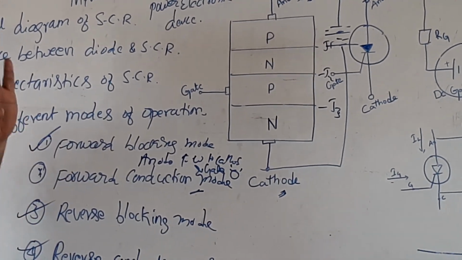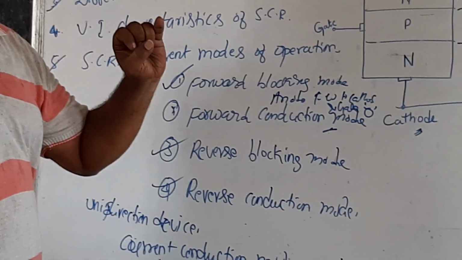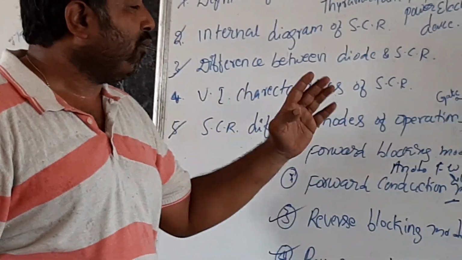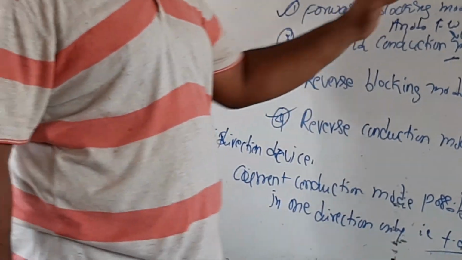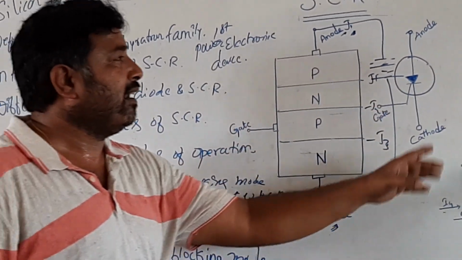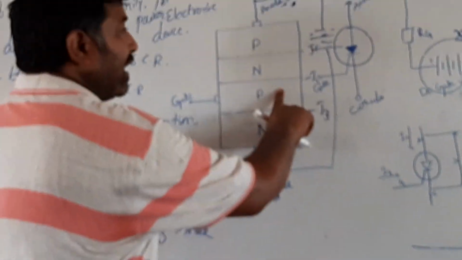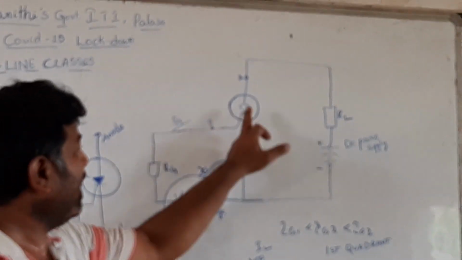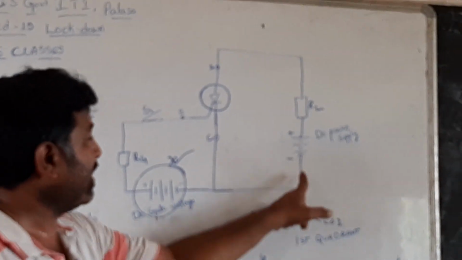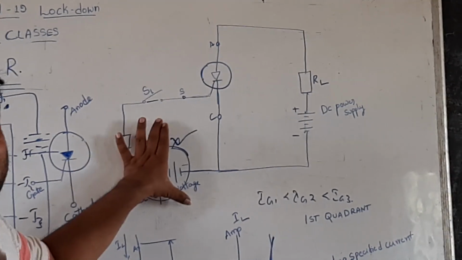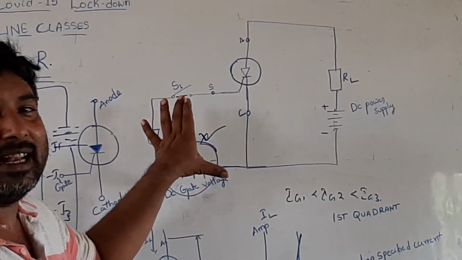SCR has four modes of operation: forward blocking mode, forward conduction mode, reverse blocking mode, and reverse conduction mode. In forward blocking mode, anode is connected to the battery's positive and cathode is connected to the battery's negative terminal. This is the internal block diagram, and this is the circuit diagram of an SCR. The gate terminal is in blocking condition, meaning we are not applying any gate voltage.